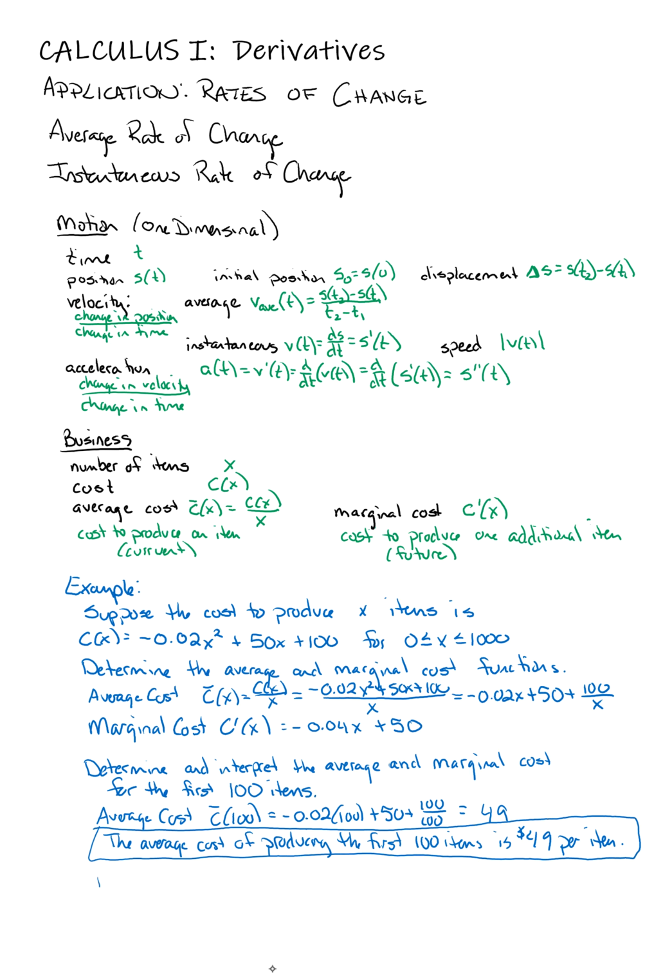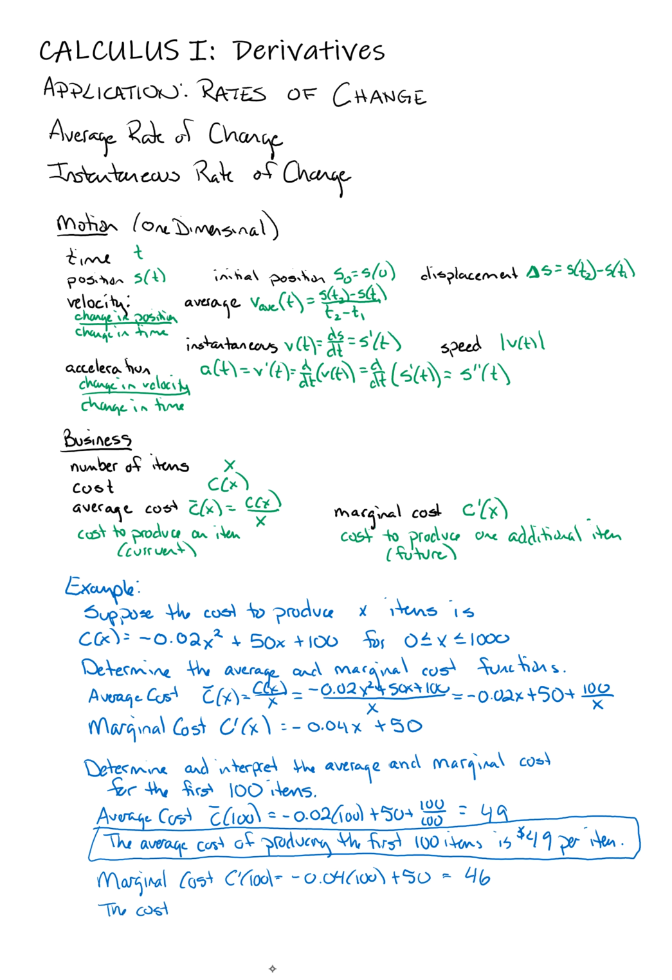Now let's take a look at the marginal cost. The marginal cost at 100, that's negative 1/100 times 100 plus 50. Well, that gives us 49. Again, make sure you can do this computation without a calculator.